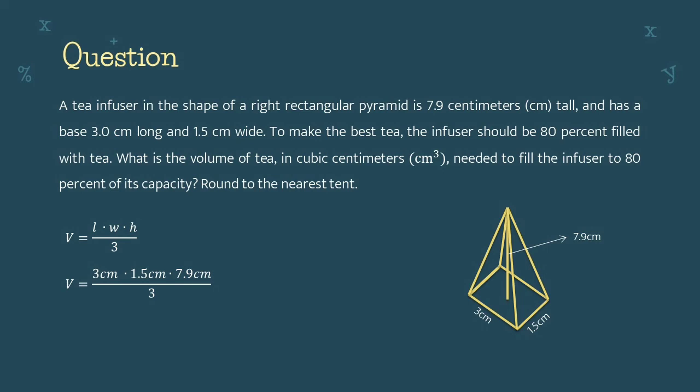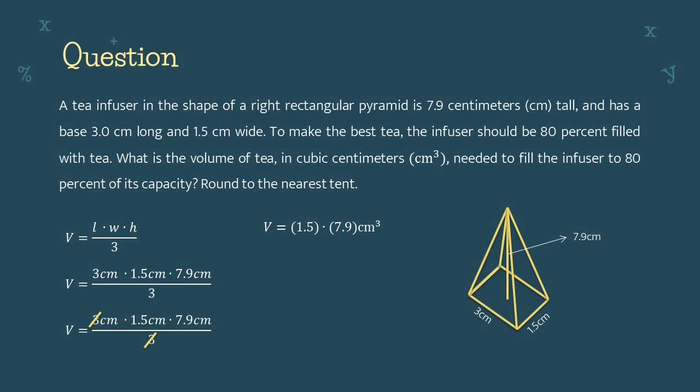And you have centimeters times centimeters times centimeters, which is going to be centimeters cubed. So your volume is going to be 1.5 times 7.9 centimeters cubed, or cubic centimeters. Now that's the volume of this entire infuser, the fancy tea bag.